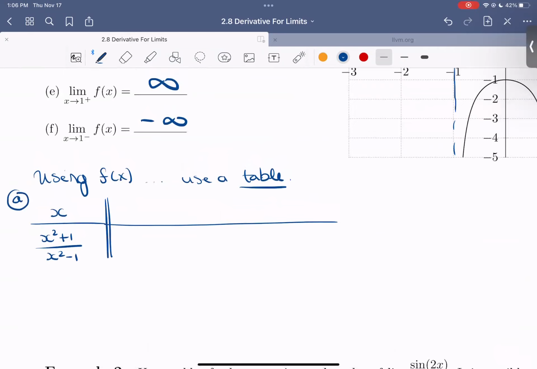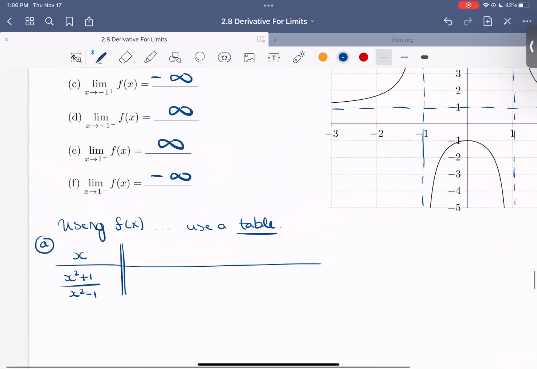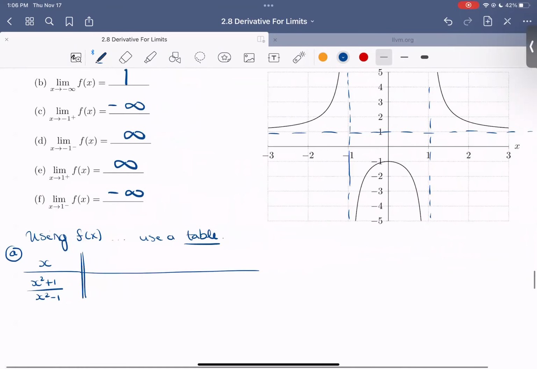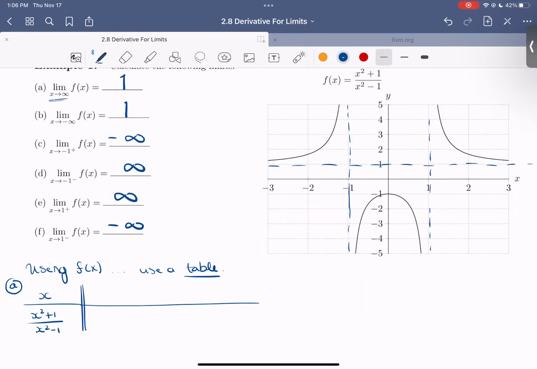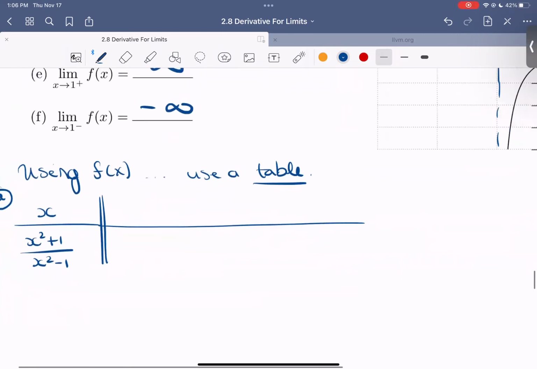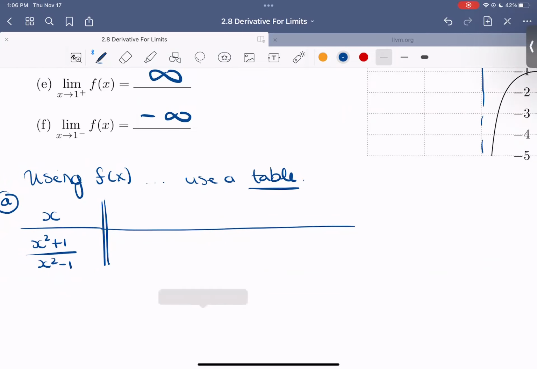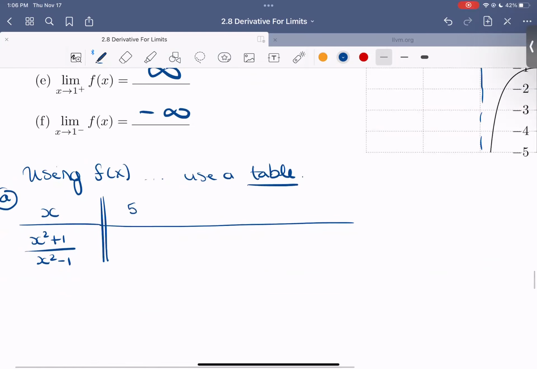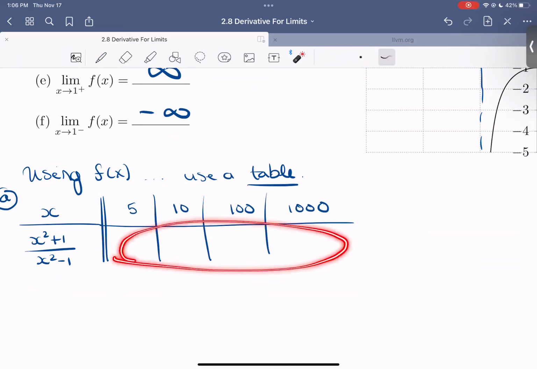Let's do part A using the function. For part A, we're looking at x goes to infinity. So what we want to do is plug in values of x that get larger and larger. Say we could start with 5, maybe go up to 10, maybe 100, then maybe 1,000. Let's see what happens to the outputs as we increase our inputs like this.